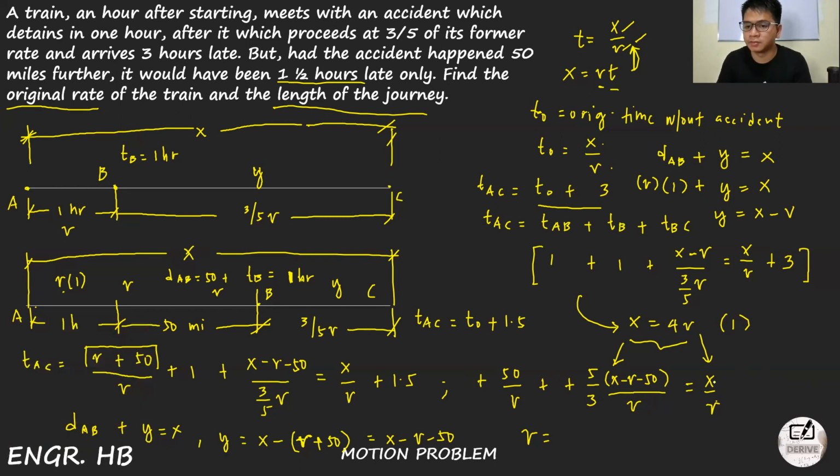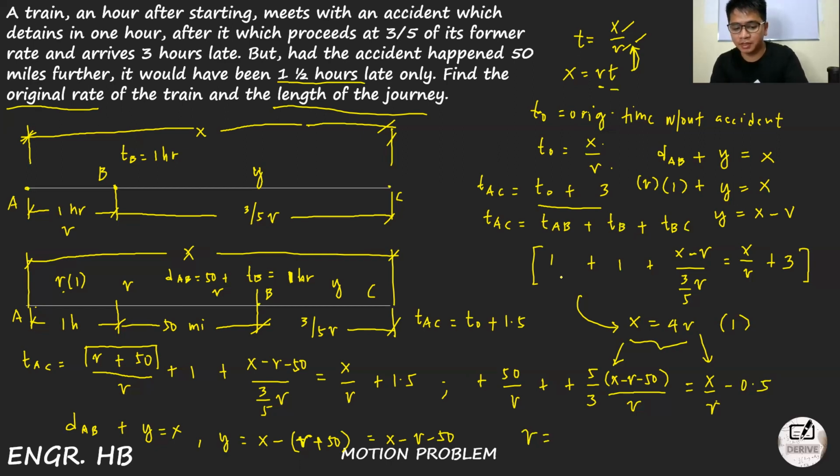So, kaya mahalaga na huwag ka mag-skip sa ating procedure. So, ayan. At least, nababawasan natin yung itatype natin. So, that will become 50 over x. So, yung x natin dito, yan yung letter V. Plus 5/3 x.